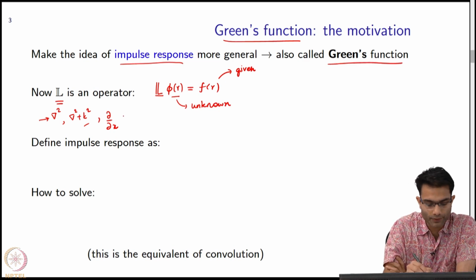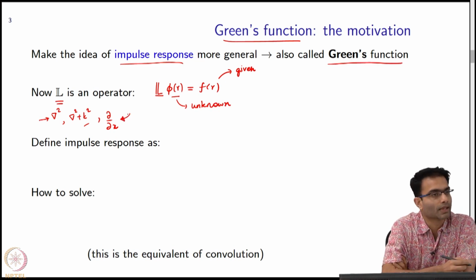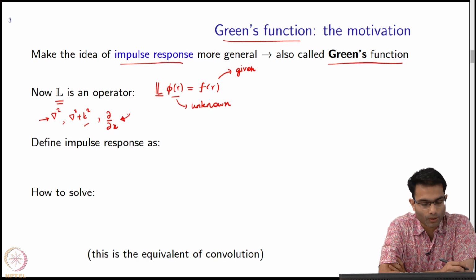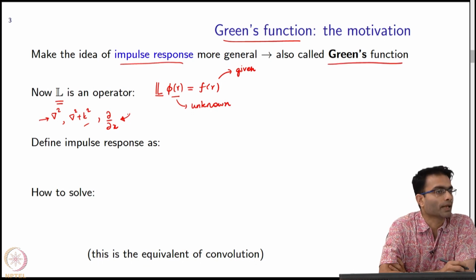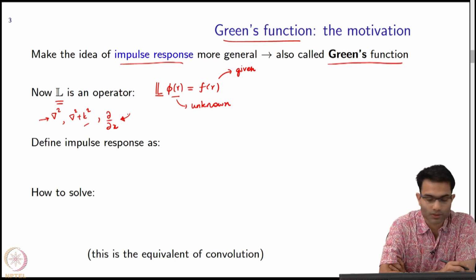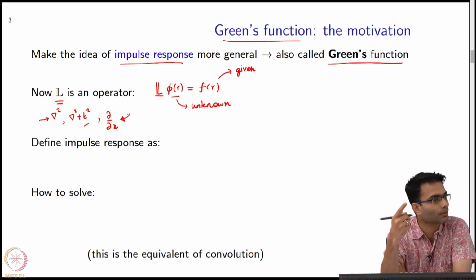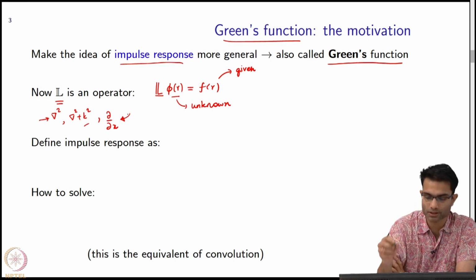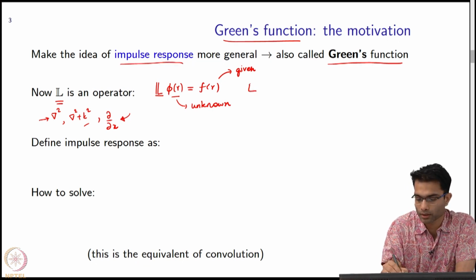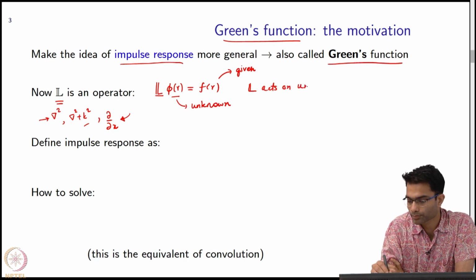You can notice that this operator, the way I have written it, only acts on unprimed coordinates. In fact, this whole equation has only unprimed coordinates in it. I am setting it up for the case of the Green's function where one more coordinate comes in, the primed coordinate, but we will just make a note now that L acts on unprimed only.